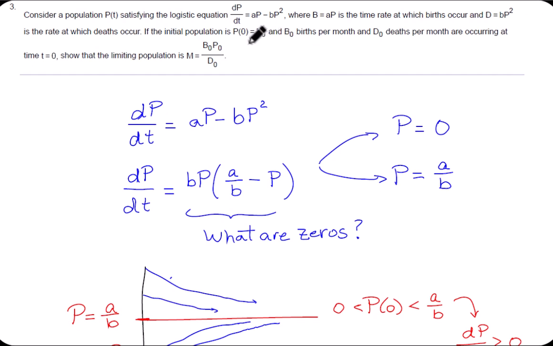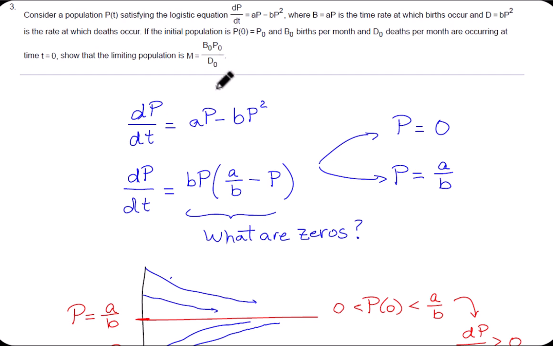We start off with an initial population, an initial births per month, and an initial deaths per month. And they say, let's show that the limiting population is given by the initial birth rate, initial population, and initial death rate.